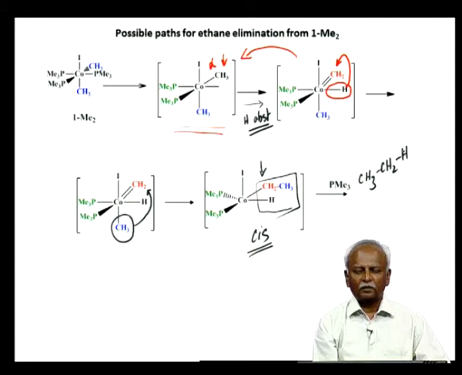So, this is another alternative mechanism, and what the researchers carried out was isotopic labeling in order to figure out whether this reaction was happening or not, and in fact, they showed that this was not happening during the course of the reaction.